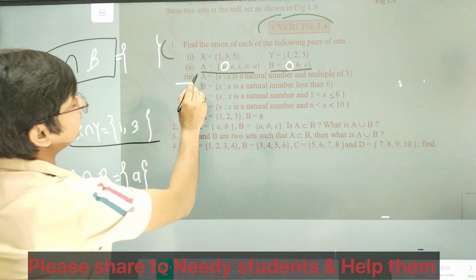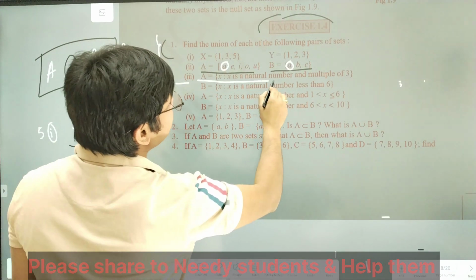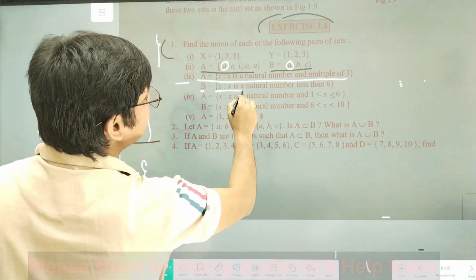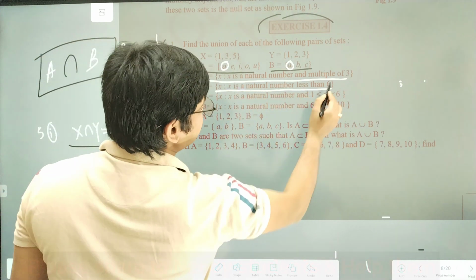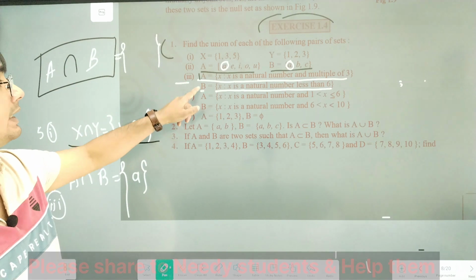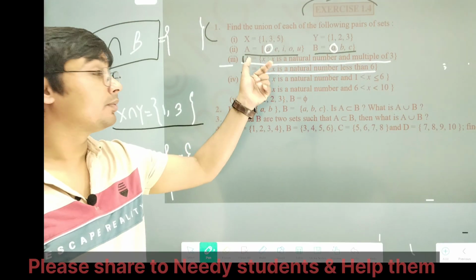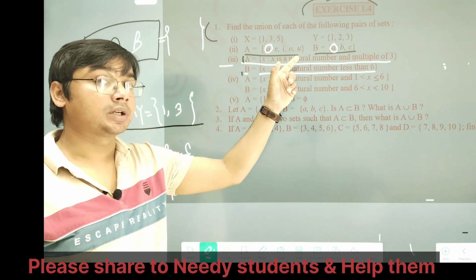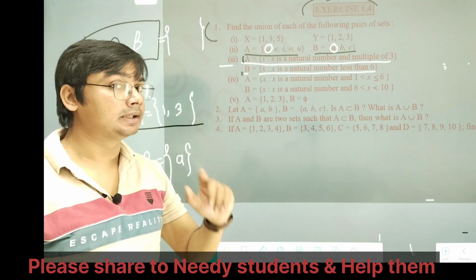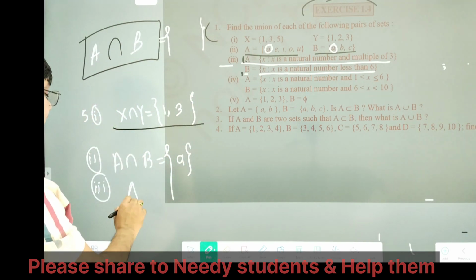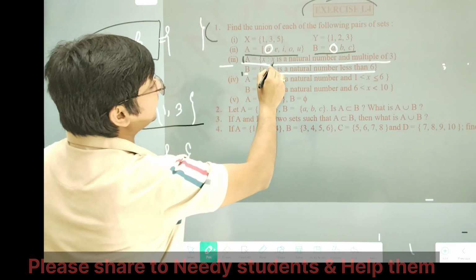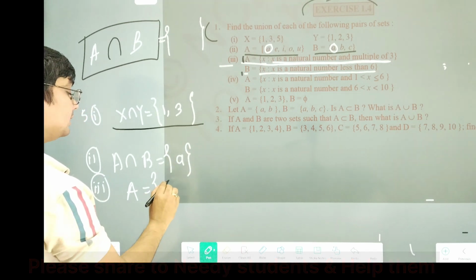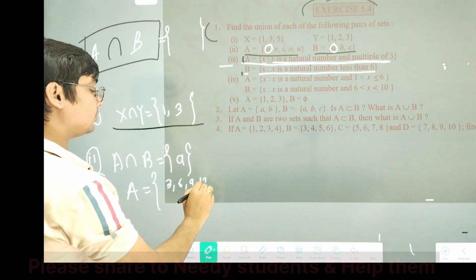Number 3. Here in question number 3, A is the set of natural numbers that are multiples of 3, and B is the set which consists of all natural numbers less than 6. These A and B are in set builder form, so first of all write these sets in roster form, and then we can easily find the common elements. A consists of all those X which are natural numbers and multiples of 3. That means 3, 6, 9, 12 and so on.